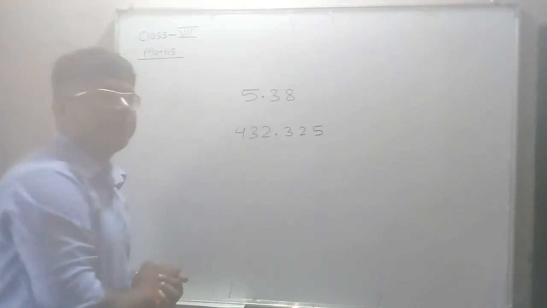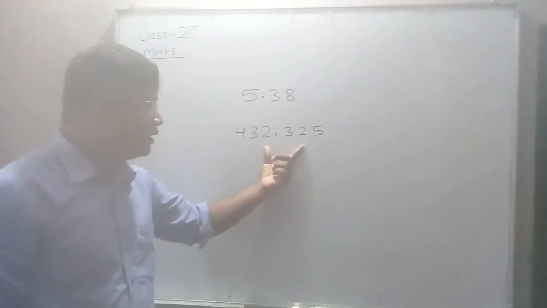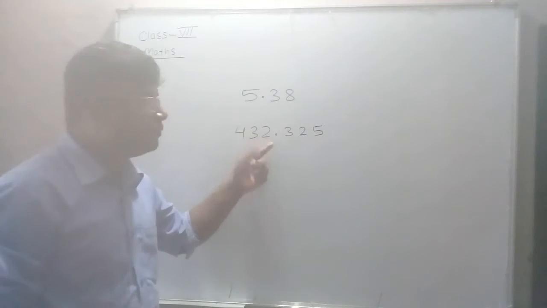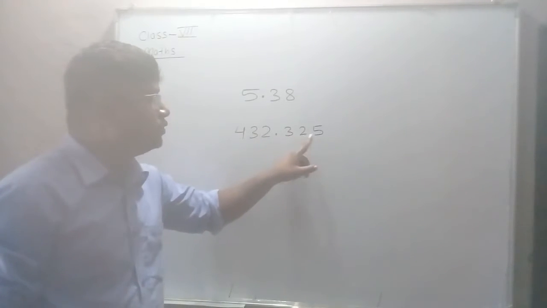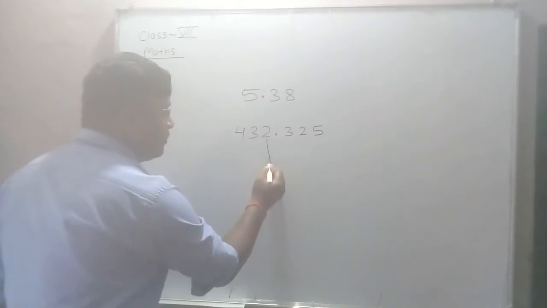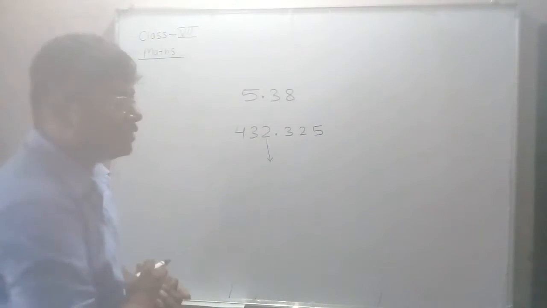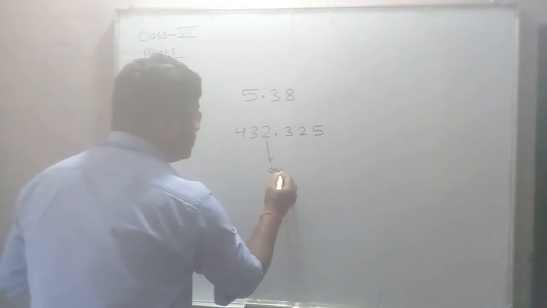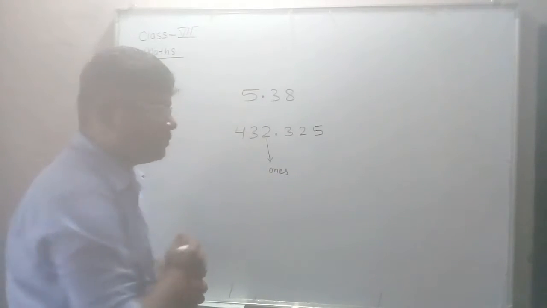432.325. How to read it? What is the place value? Can you tell me the place value of 2? This is your ones place, the unit place.